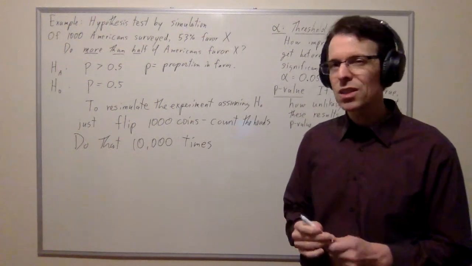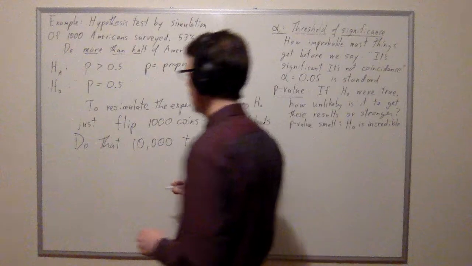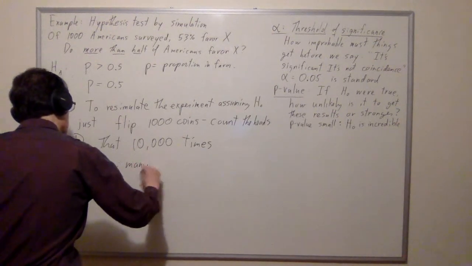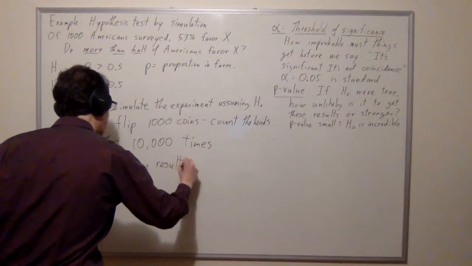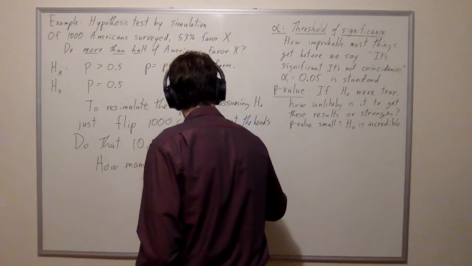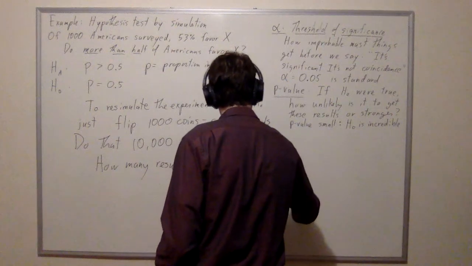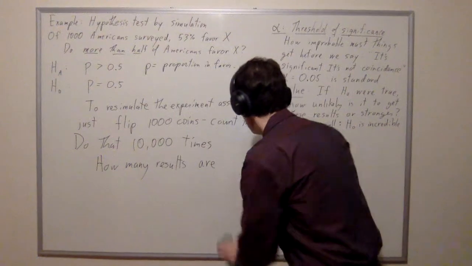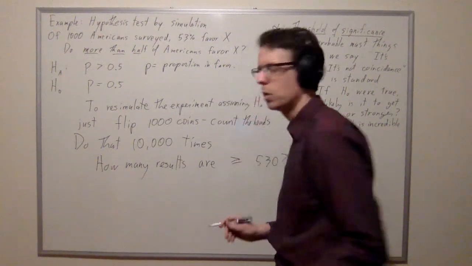And then we need to ask ourselves the critical question here: how many results out of these 10,000 experiments are over 530? Or let me say, to be specific, how many results are greater than or equal to 530?